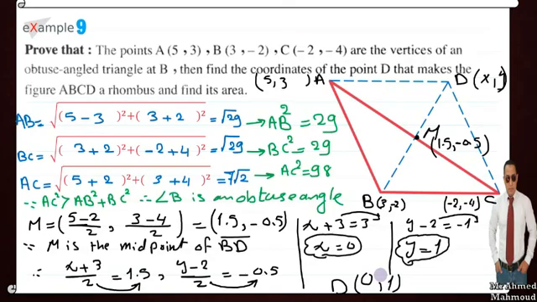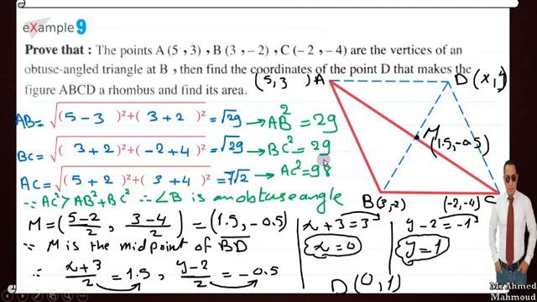Okay, now as we see here, ABCD is a rhombus. We have its 4 points. To find the area of the rhombus, we need to find the diagonals. The first diagonal AC is equal 7 root 2.